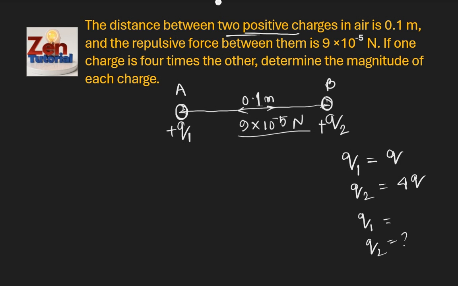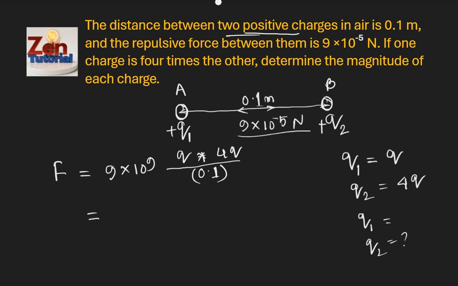So the force F is equals to, within the air, let's write down the value of 9 into 10 to the power 9, the constant value, and Q1 is Q and Q2 is 4Q and R means 0.1, right?